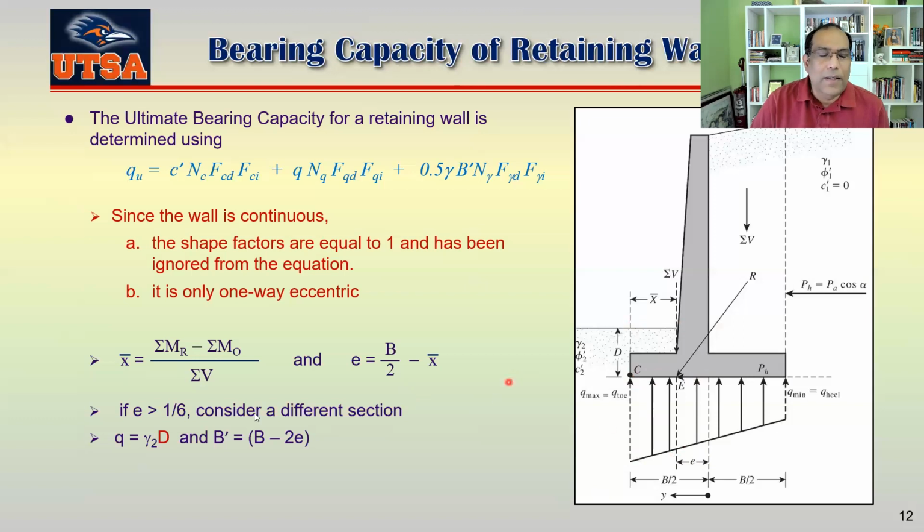If your E is greater than B/6, then consider a different section. Your q is equal to gamma 2 D, and your B prime is B minus 2E, because this is a one-way eccentricity, right?